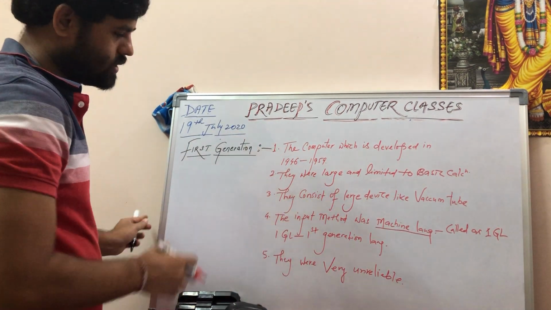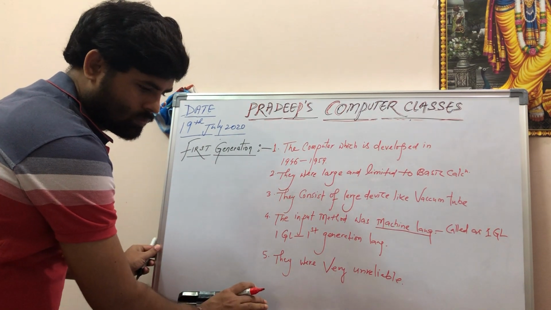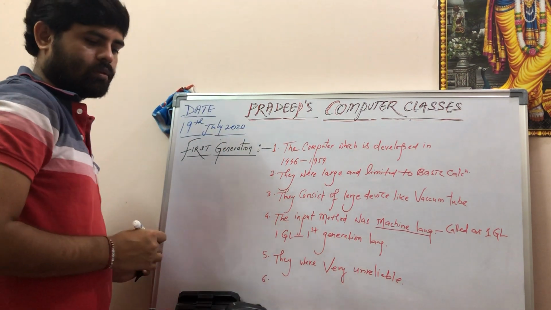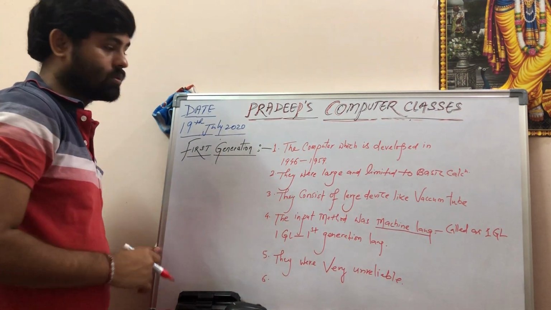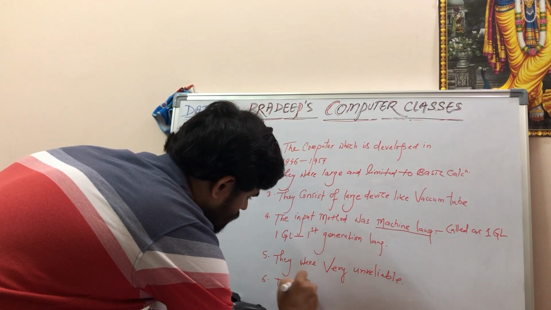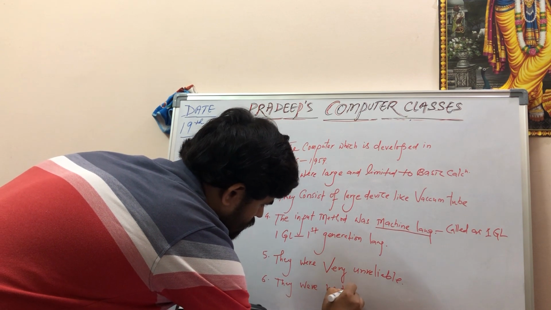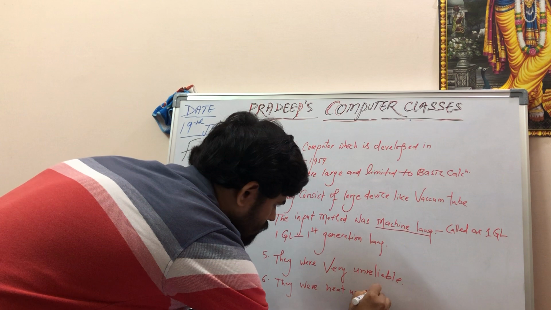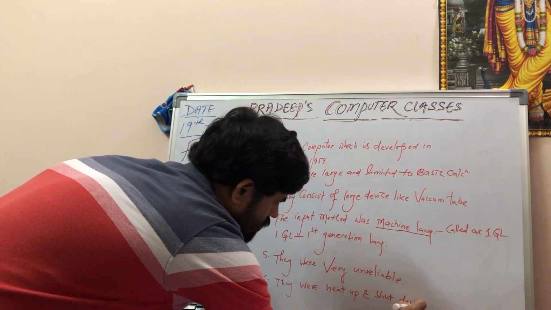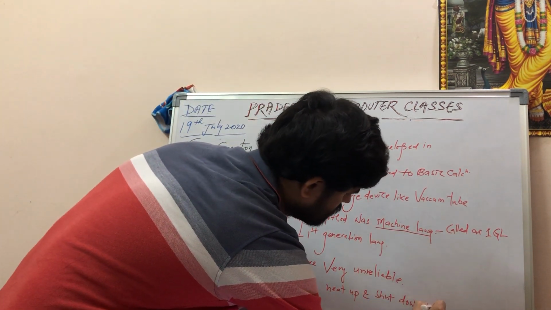I will explain everything, just write it down. Sixth point: they would heat up and frequently shut down. The main dangerous thing is they heat up and shut down, even while doing very basic calculation.